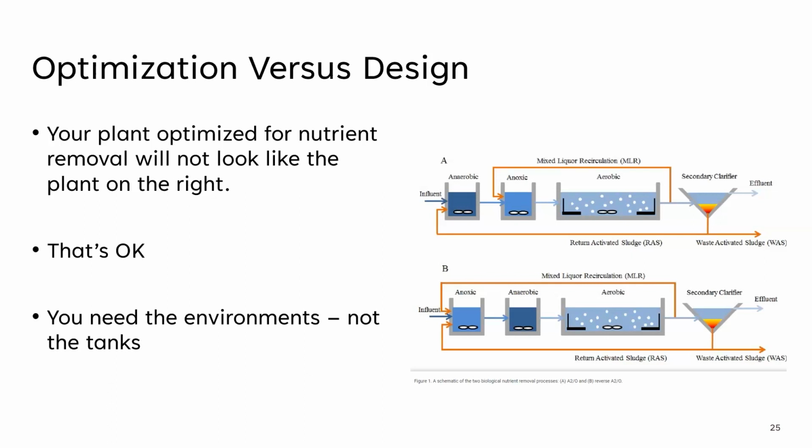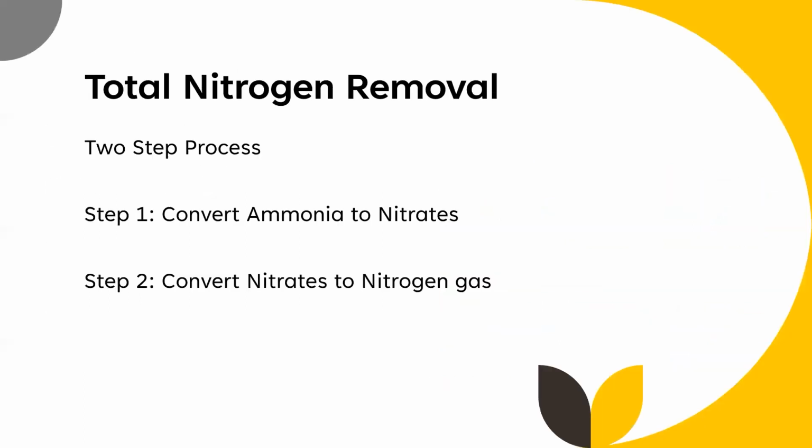So when you're thinking about your own facility, how can your facility get the environments that are necessary for biological nutrient removal? The tankage isn't really that important. You need the right environments, right place, right time. Biological nutrient removal is designed from the outset to do that. For your own facility, operator creativity can go a long way to getting these right environments at the right times.